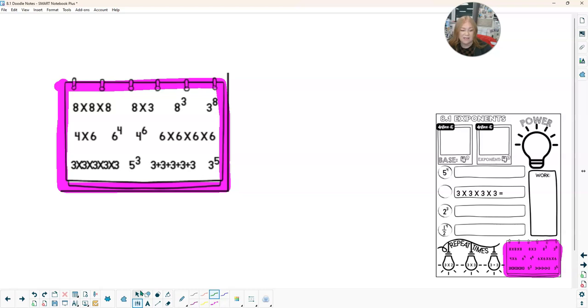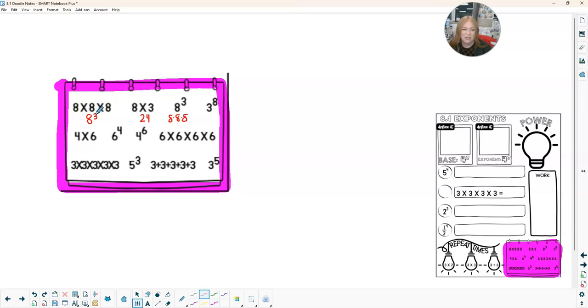So let's try finding a few that are equivalent to each other. So 8 times 8 times 8, so the base is 8, and they did that 3 times. This one's just 8 times 3, that's 24. 8 to the third, right? 8 times 8 times 8.